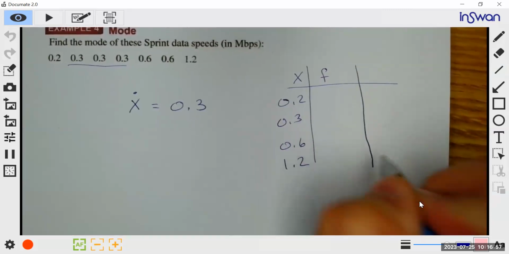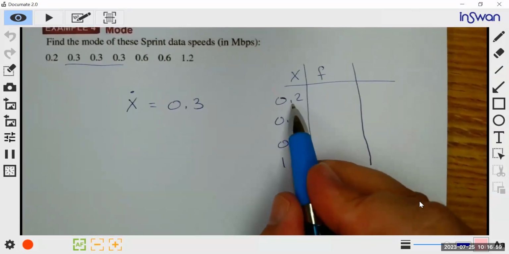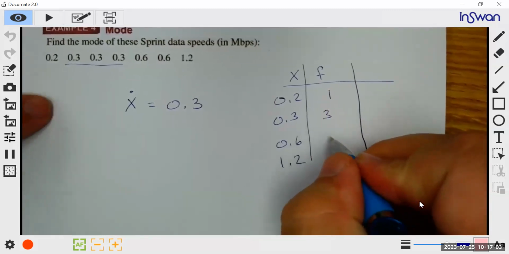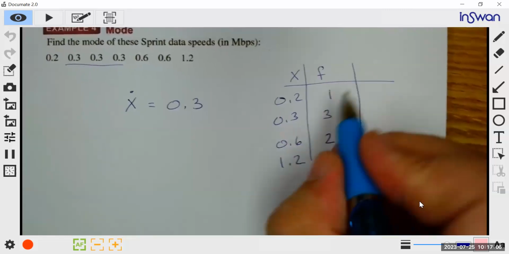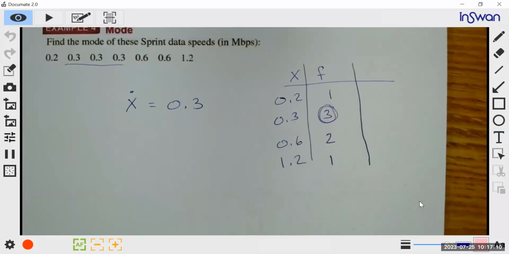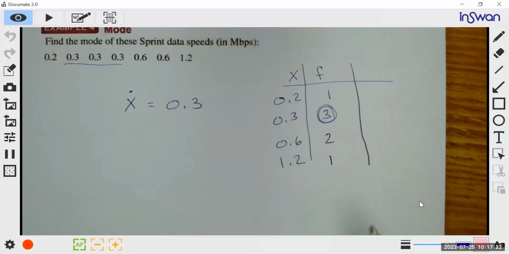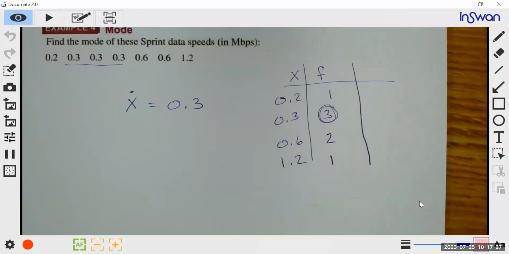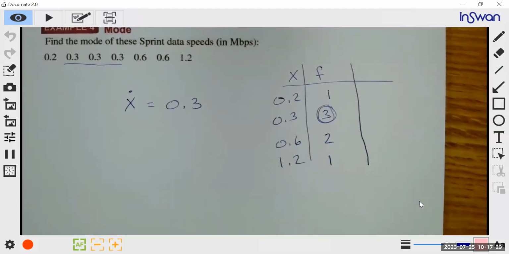If we take the frequency of all those, so how many 0.2s do we have? How many 0.3s? 0.6 and 1.2. So by definition, once you create the frequency distribution, you can see the biggest number is your mode. And that's the way we have to do it for larger sets of data. So yeah, even if I had 10 or 20, it'd be too much to try to cross them out, so create a frequency chart from there.